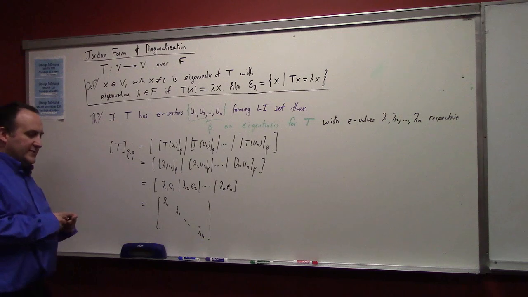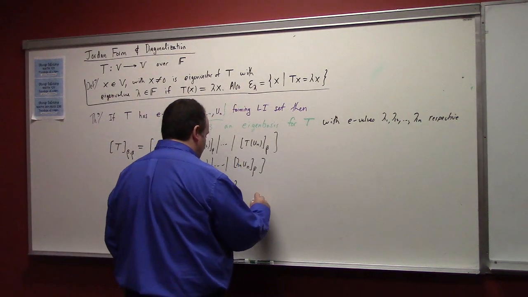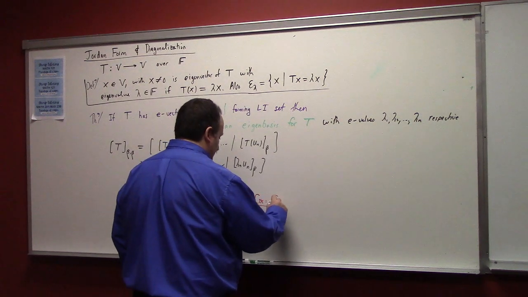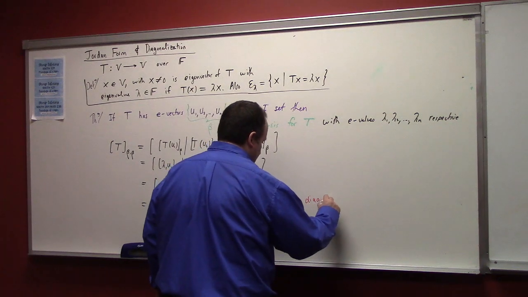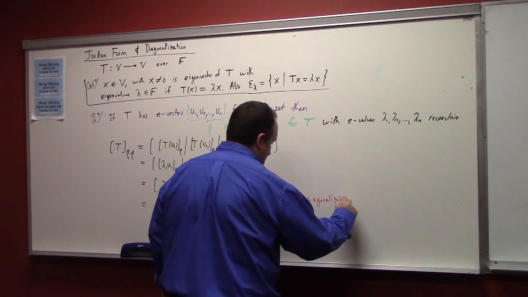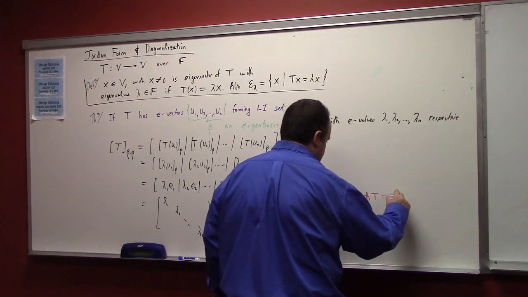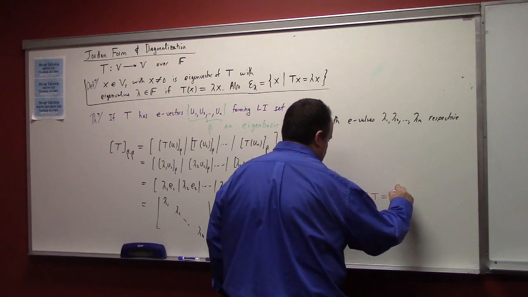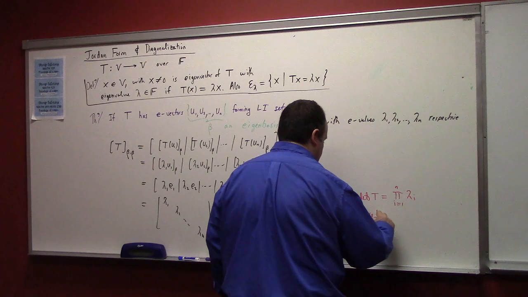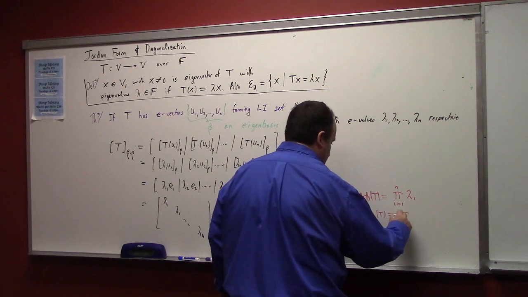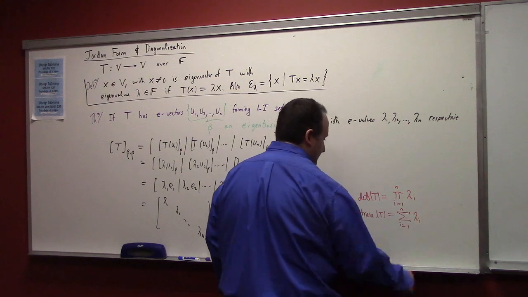Of course, there are other things we can glean from this. Corollary: for T diagonalizable, the determinant of T is the product, i equals 1 to n, of the eigenvalues, and the trace of T is equal to the sum, i equals 1 to n, of the eigenvalues.